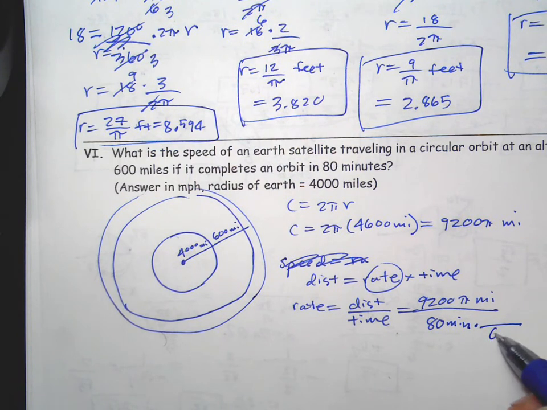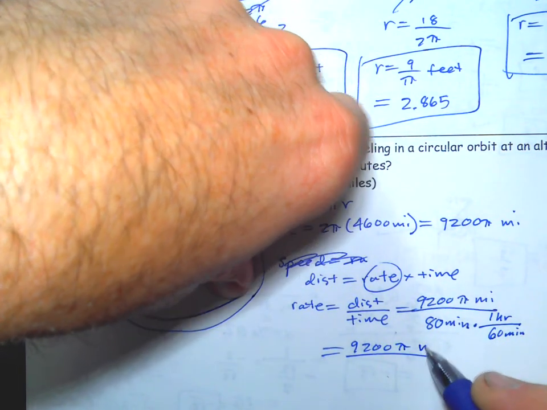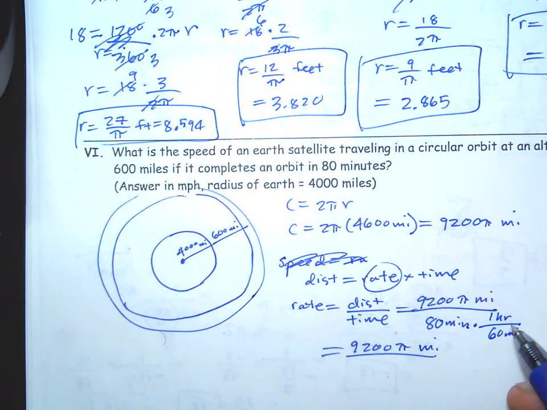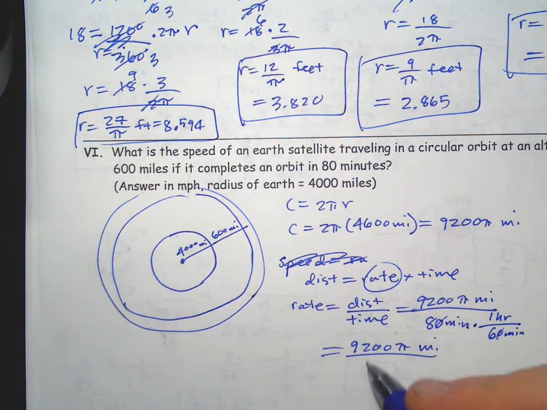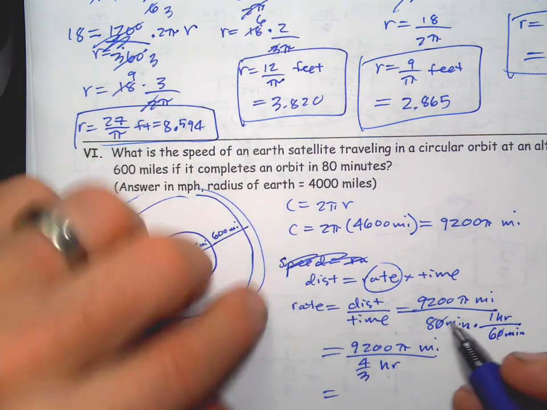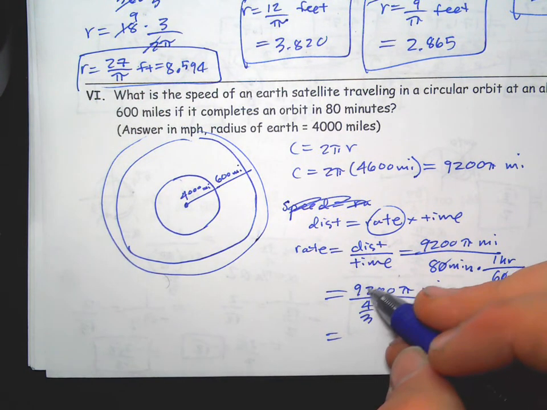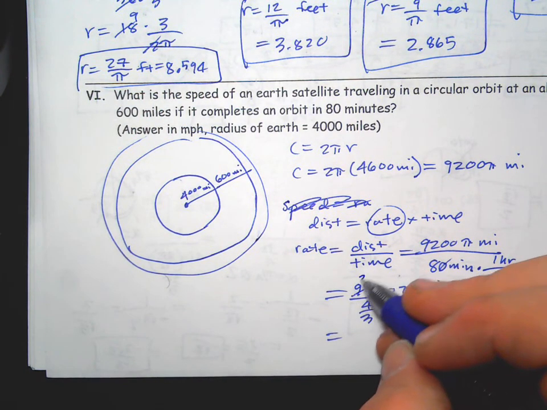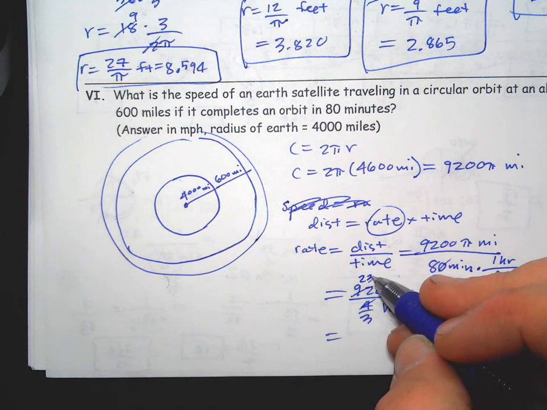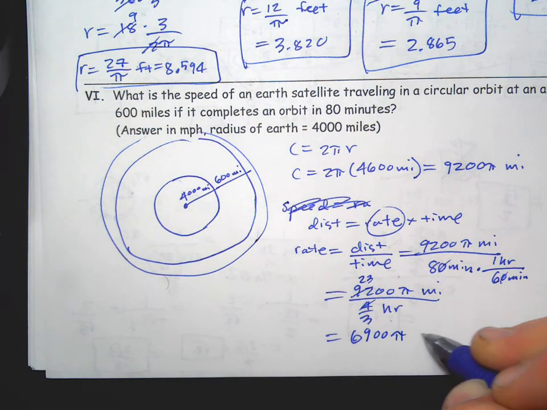There are 60 minutes in an hour, so it's going to be 9,200 pi miles over 4/3 hours. We can get an exact answer here. 4 goes into 92 23 times, and then gets multiplied by 3, so that's 6,900 pi, exactly, miles per hour.